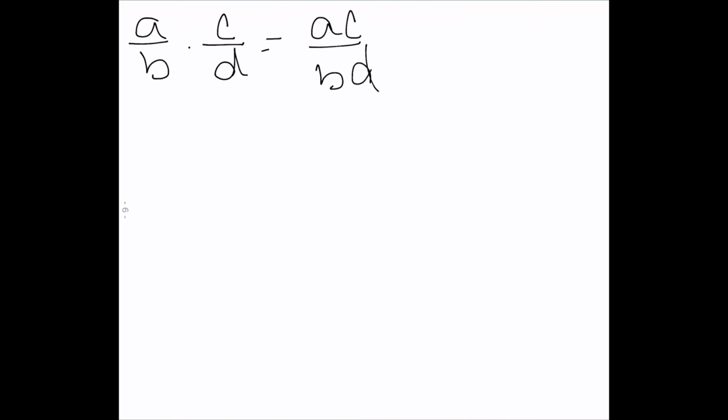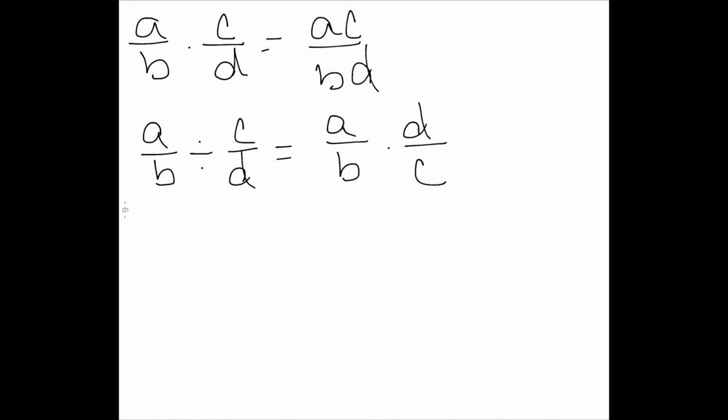The top times the top over the bottom times the bottom. When you divide a over b divided by c over d, it's the same thing as multiplying by the reciprocal. When we divide fractions, we take the second fraction and flip it over, and then we multiply.